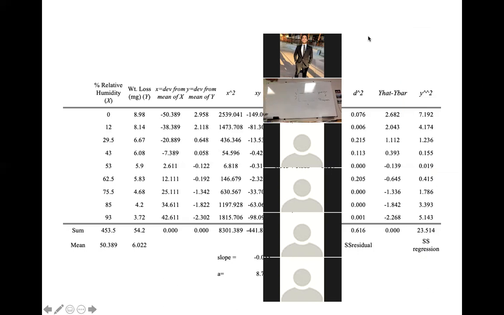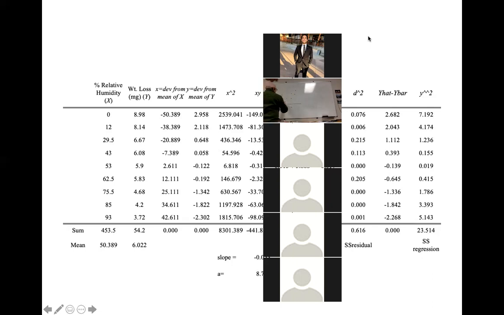I'm going to use colors. Let me dig into my packet of tricks here. Can you see those things? Yep, looking good.